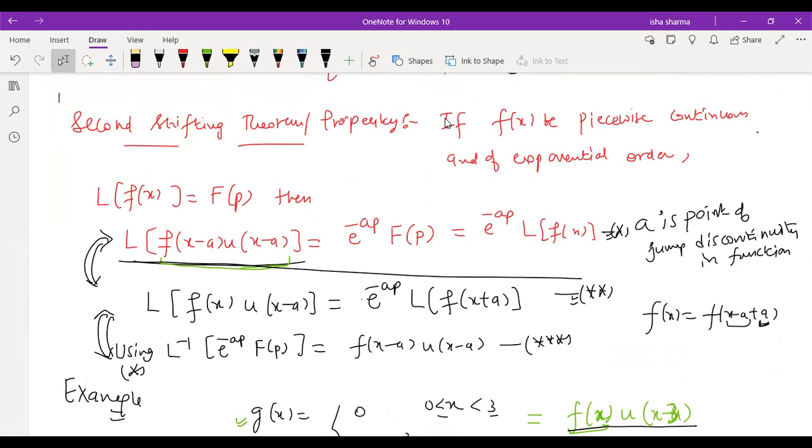So it's clear from formula 3 star that if you want to compute Laplace inverse using the second shifting property, you don't need to express your function in a unit step function, right? Because Laplace inverse will be taken on the other side, on the function of p.